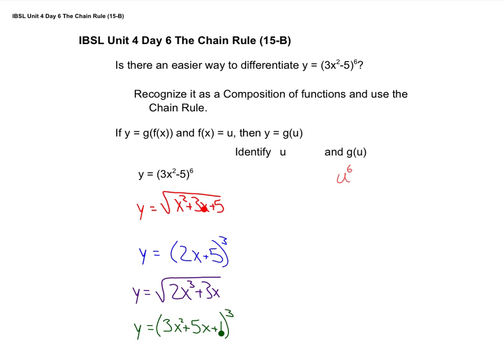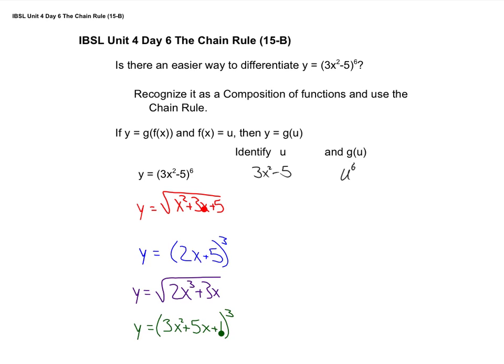What is that something we're raising to the sixth power? That's our inner function, u. That would be u to the sixth, and u is 3x squared minus 5. Does that make sense?